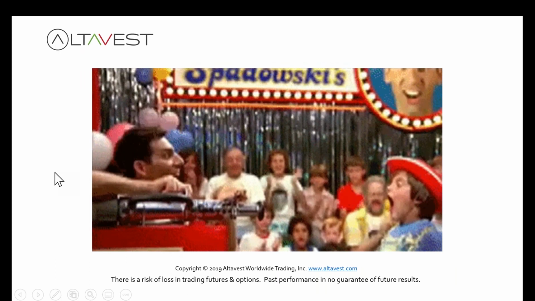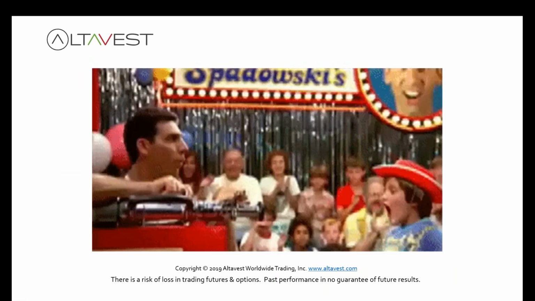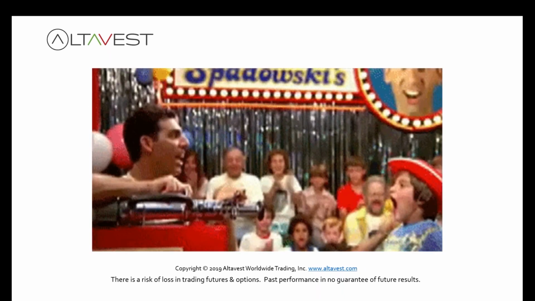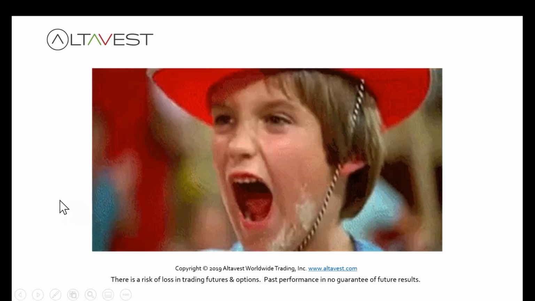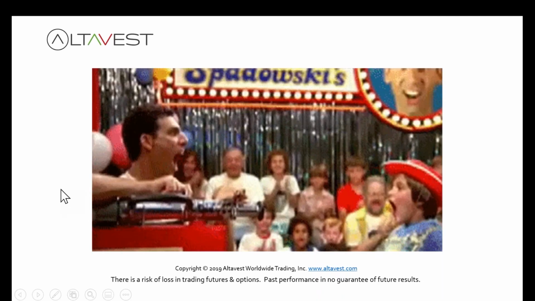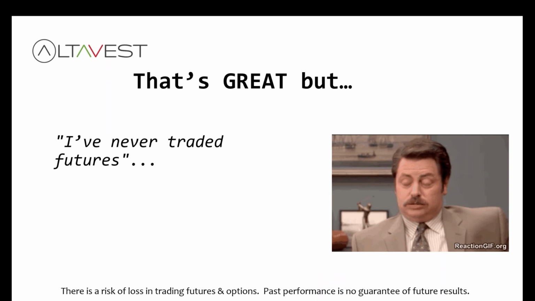I put you on mute for a second, but hopefully you don't feel like this kid here going through the drinking from the fire hose. A lot of material in there, but actually it's very simple, very effective, and very easy to use. And I know what you're thinking. I've never traded futures. Maybe you're intimidated by this, or you just think it's not for you because you've never traded futures.